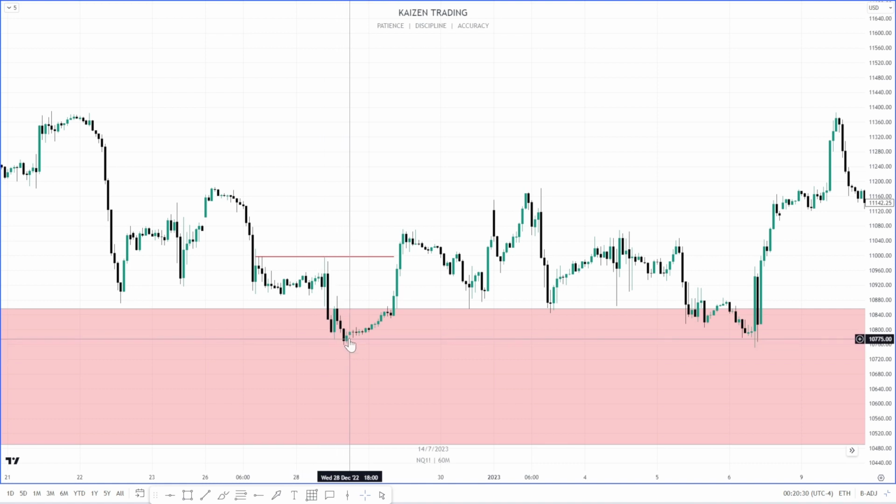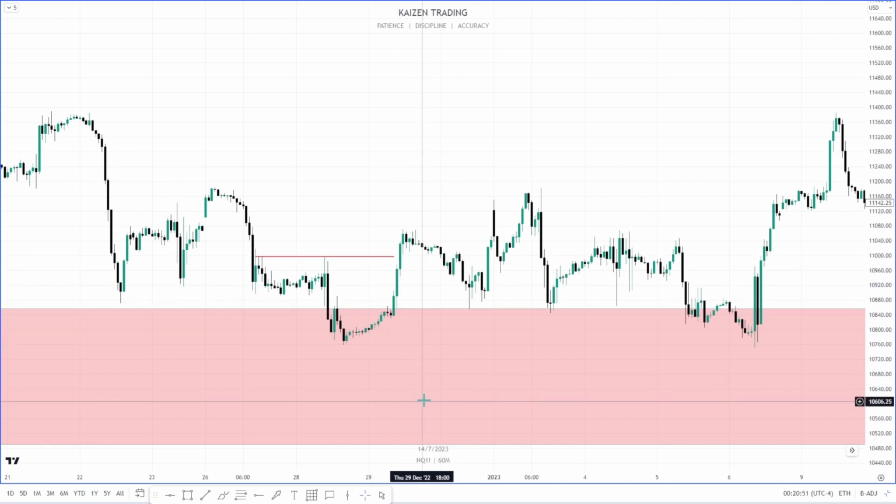And then we get into the consolidation and basically this 8 a.m. going into New York open again right in here. So as London's finishing up, it ramps up from London finishing up to New York.